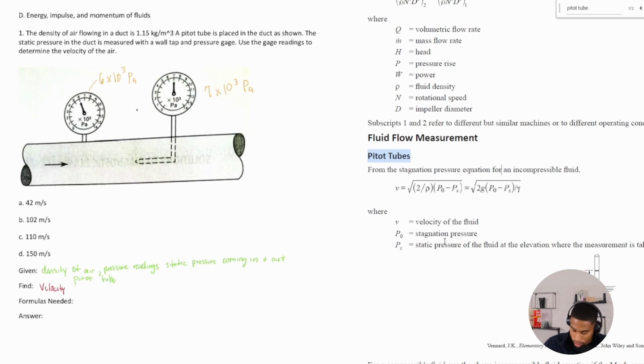So this would be our P0, and the static pressure of the fluid where the measurement is taken is here. So that's going to be our PS.